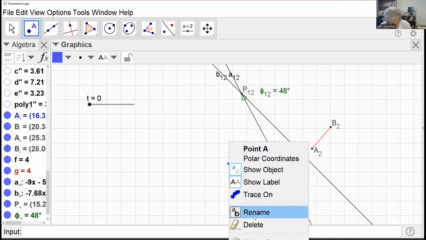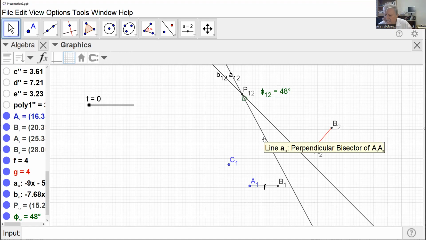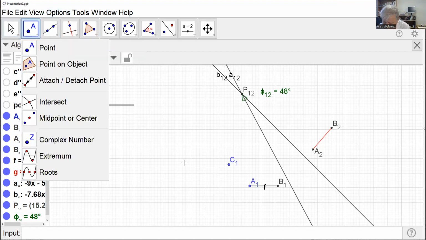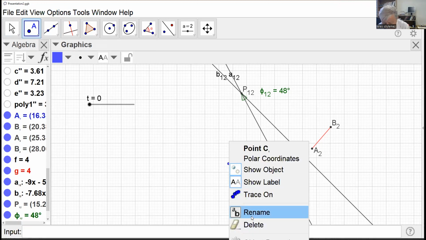I will call this C-1. The names I give are what I use; I can use any name you like. And I will select another point. Oh, sorry, I will delete this.